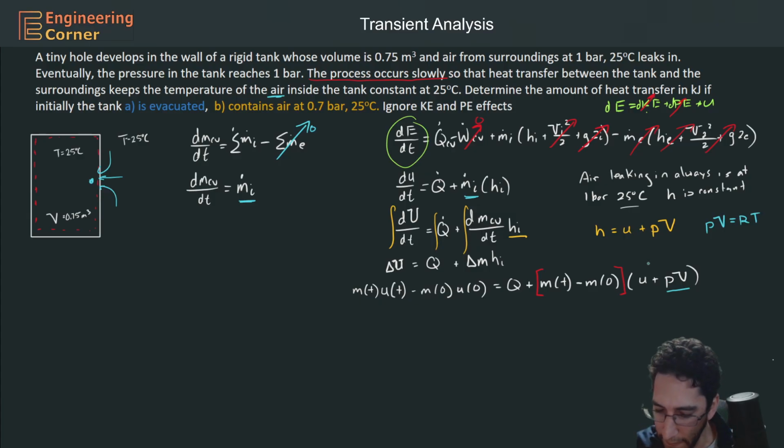So what that means is we can substitute for PV, we can just put RT right here. All right, so now let's go through and multiply some stuff across.